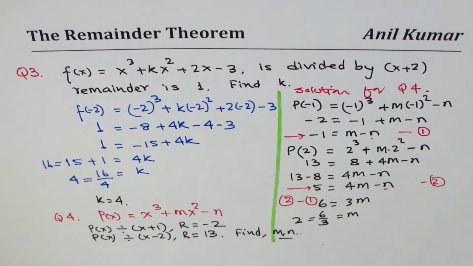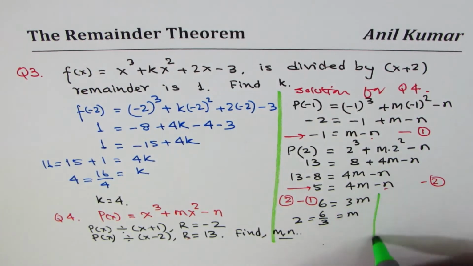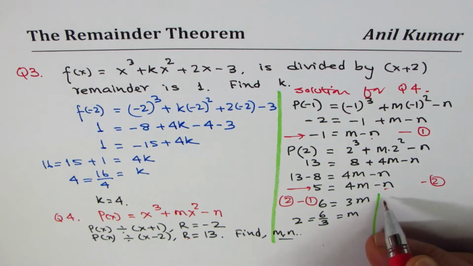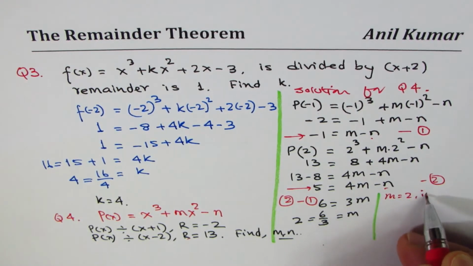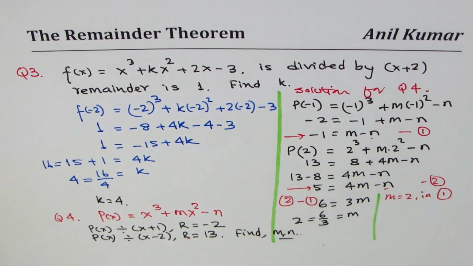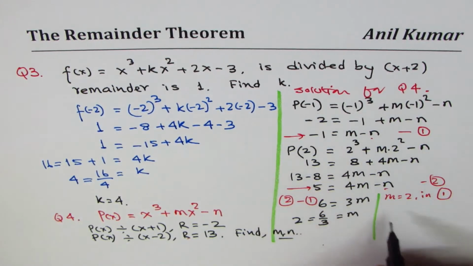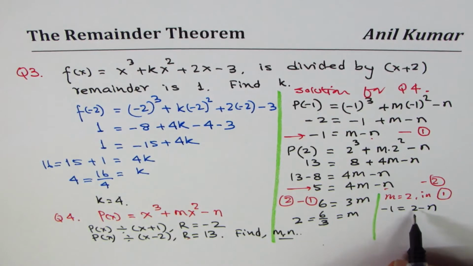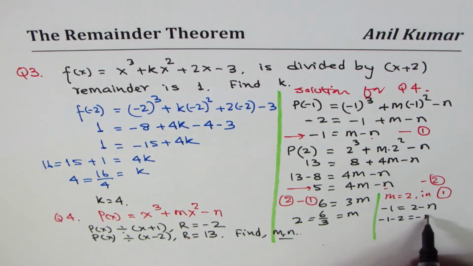6 divided by 3 is m, which is 2, right? So we get the value of m, and now we can find n also using equation 1. So we'll put m equals 2 in equation 1, correct? So if I write 2 here, I get minus 1 equals 2 minus n, bringing 2 to the left side. Minus 1 minus 2 equals minus n.